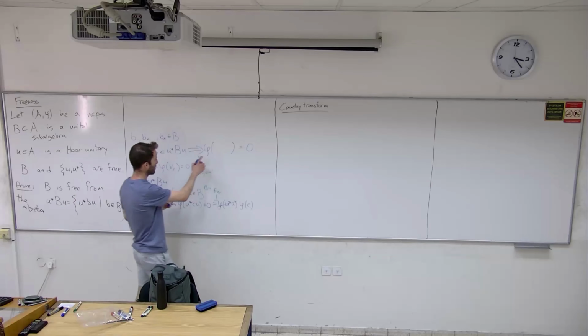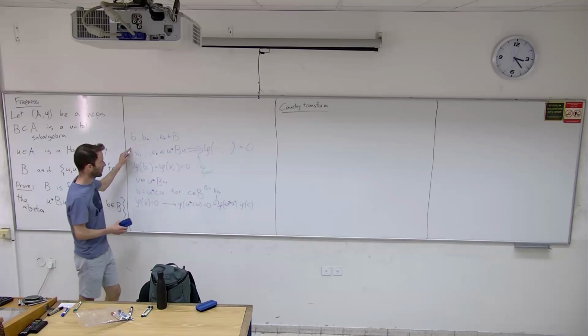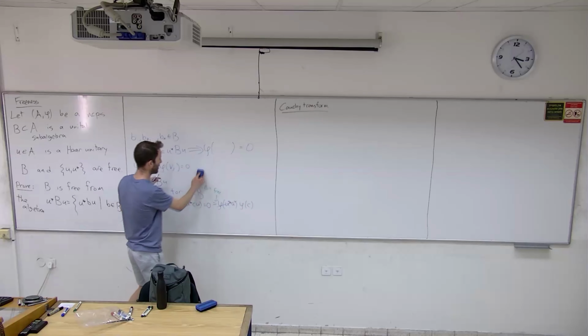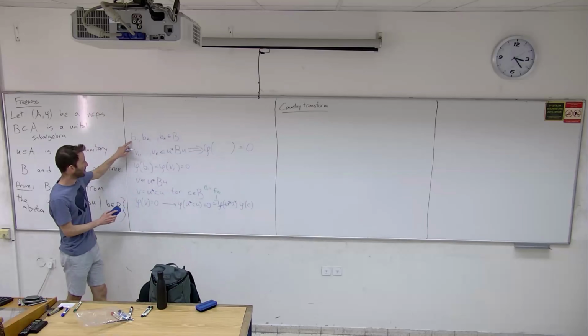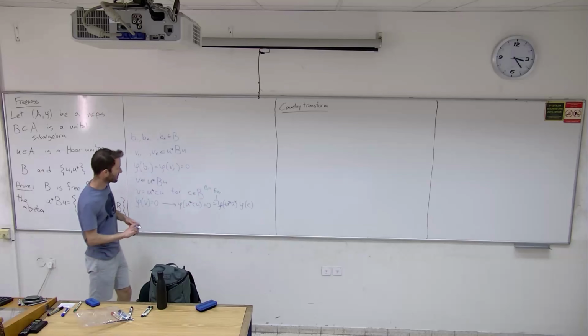So now I want to show that the product of these is 0. So let's write it down explicitly. What does this tell us?